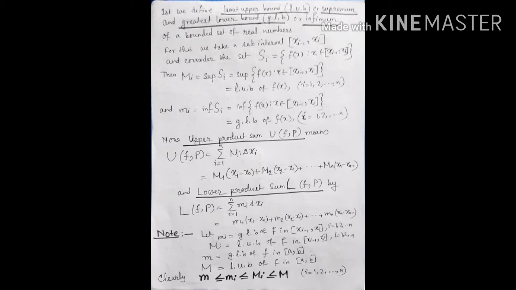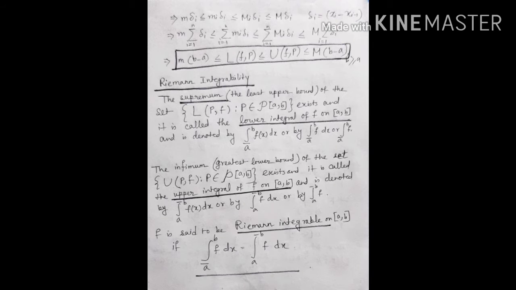So small m is less than or equal to small m_i, which is less than or equal to capital M_i, which is less than or equal to capital M. This implies small m delta_i is less than or equal to small m_i delta_i, less than or equal to capital M_i delta_i, less than or equal to capital M delta_i, where delta_i is equal to x_i minus x_{i-1}.